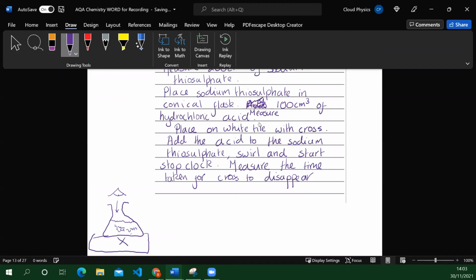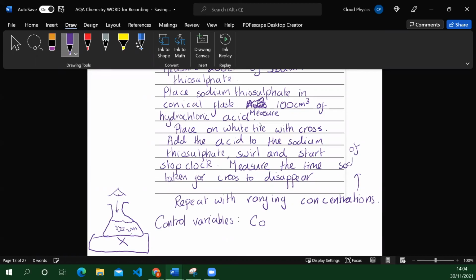Okay, so then you repeat with varying concentrations. So that's what we're changing. That's the independent variable. Okay, so control variables. You need to keep the concentration of hydrochloric acid the same, with varying concentrations of sodium thiosulfate.